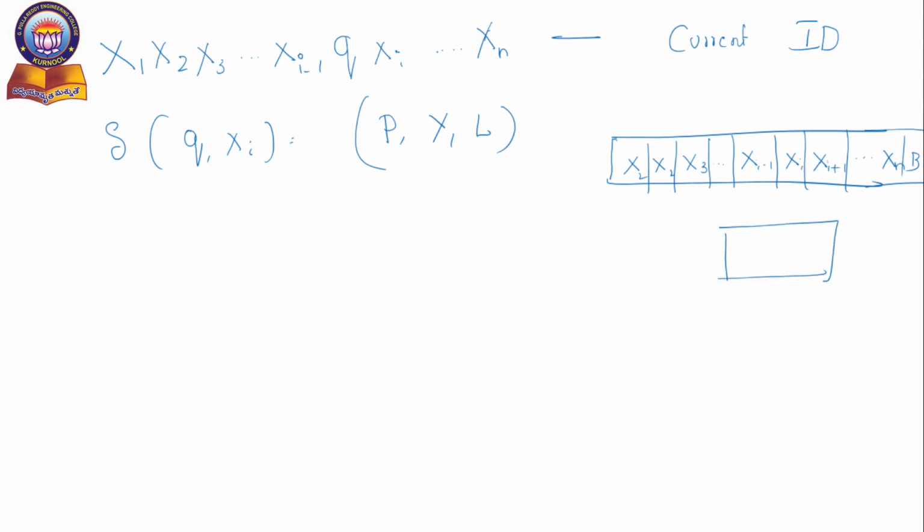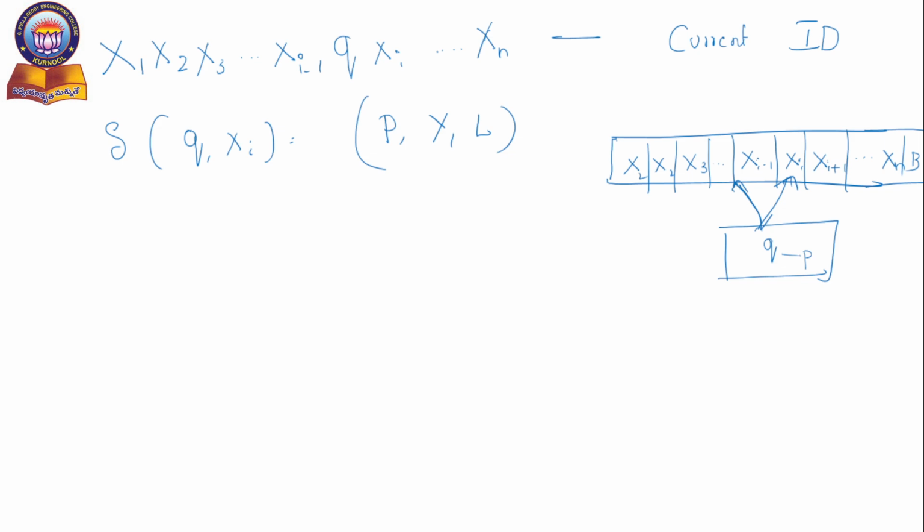And the finite control, the machine is currently in the q state. It is pointing towards the xi. That means it has to process the symbol xi now. After the transition is over, the machine goes to the state p and the head has to move towards the left side. That means in the next ID, the symbol that has to be processed is xi minus 1.